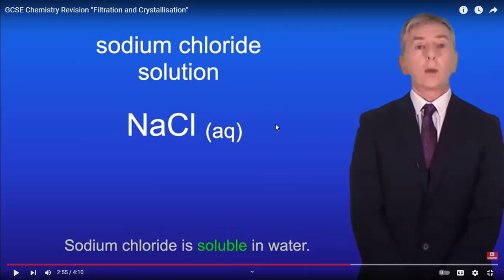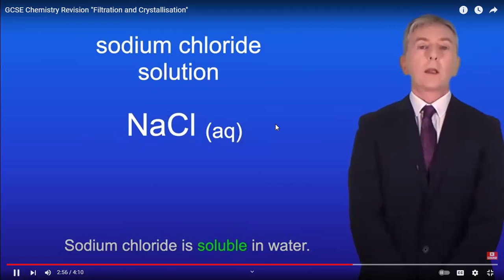The first difference in the conditions is that filtration is based on an insoluble solid in a liquid, then crystallization, and then distillation, obviously, for a soluble solid in the solvent. So you must know about the differences in these three different processes.